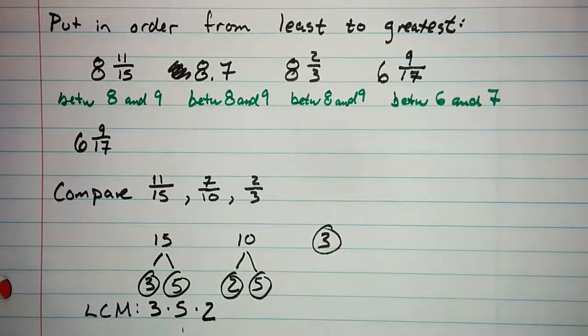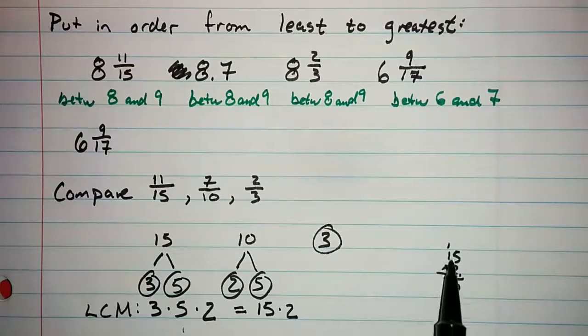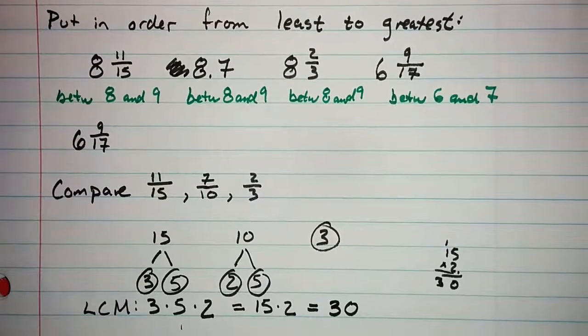It'll need a 3. It's already got a 3. 3 times 5 is 15, 15 times 2 is 30. My least common multiple is 30.